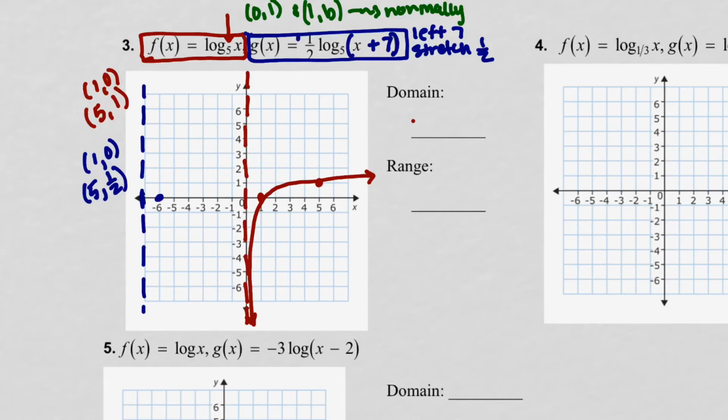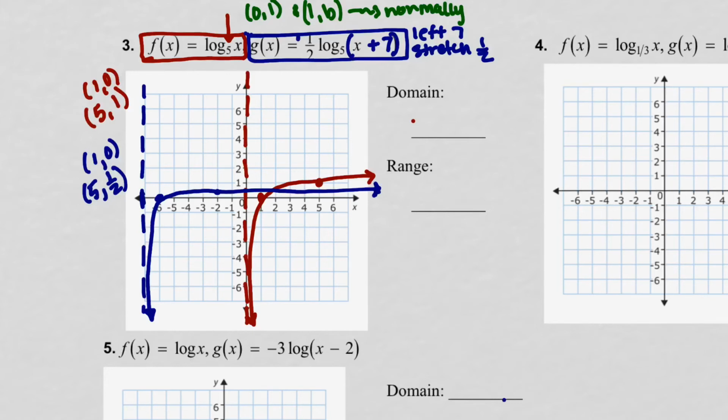I'm going to go over 5 and up 1/2. Then I will hug the asymptote and I will curve sharply, connect those, and continue going. So you can see it shrank and moved.